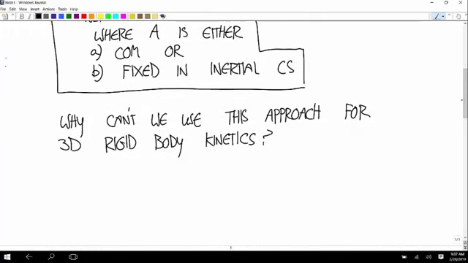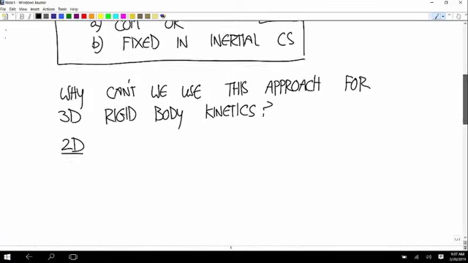The answer is, I'm going to draw what happens generally in 2D and draw what happens in 3D and show you the difference.